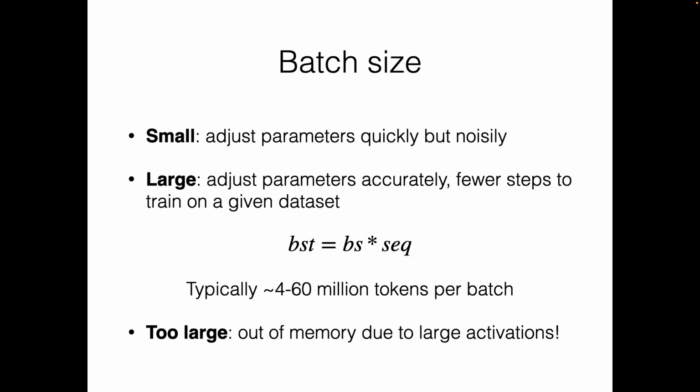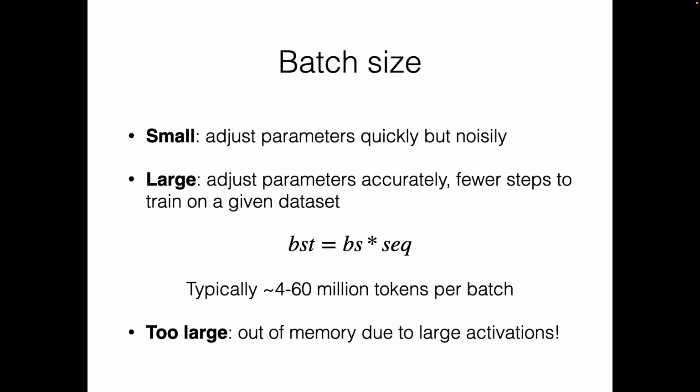Roughly speaking, a small batch size is adjusting the parameters quickly, based on a smaller amount of data, but it could introduce noise. If you use a large batch size, then it's averaging together gradients from many examples, and so hopefully it's a better approximation.